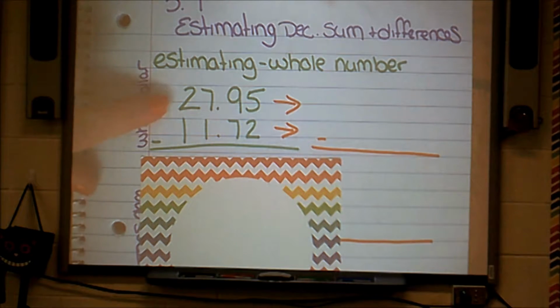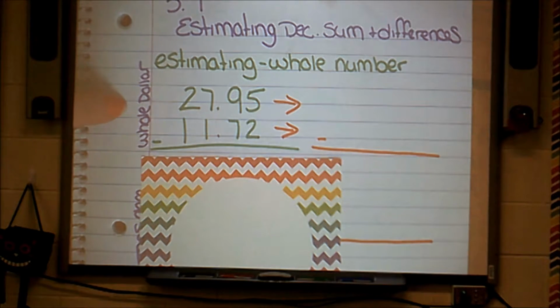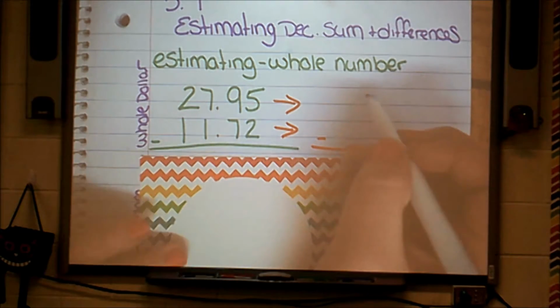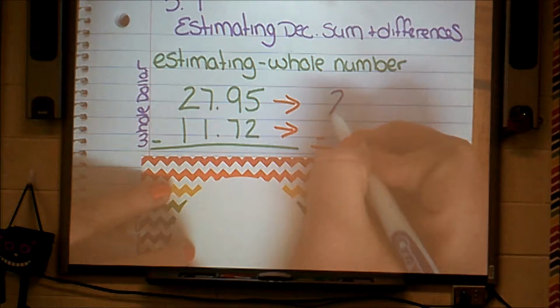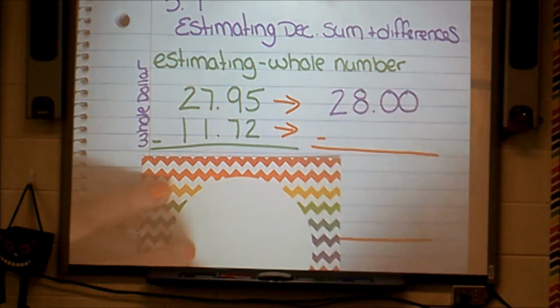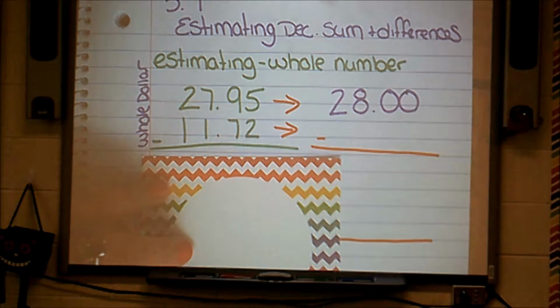Looking at our first number here in our subtraction problem, again, I like thinking of decimals as money. So 27 and 95 hundredths, or $27.95, rounding that to the nearest whole dollar. $27.95, I hope we can all agree that that is almost $28. It's very, very close to $28, 5 cents away in fact.